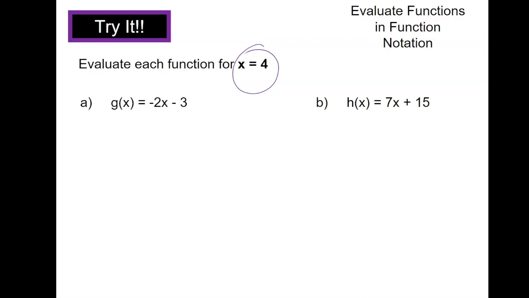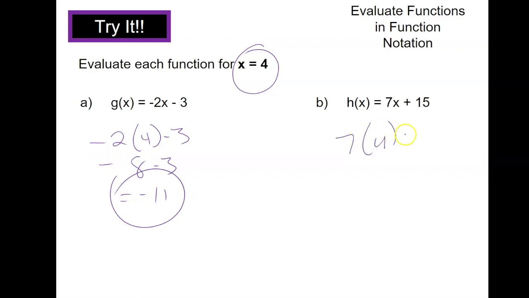Okay, you should have shown -2 times 4 minus 3. This is -8 minus 3. You get -11. 7 times 4 is 28. You get 28 plus 15.